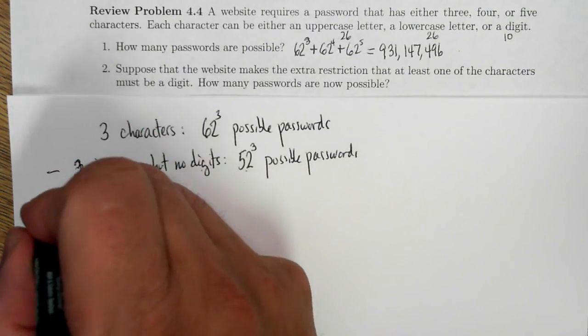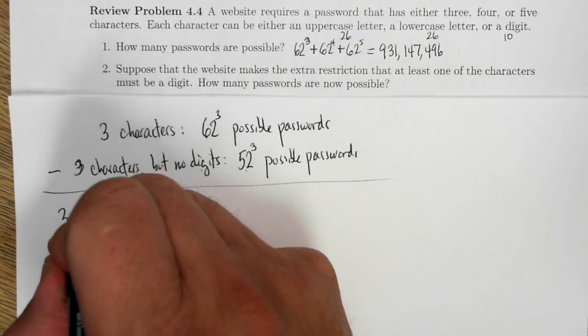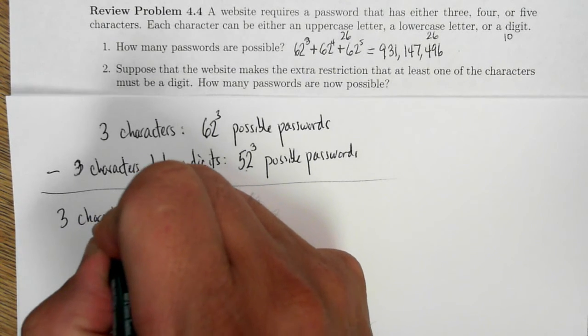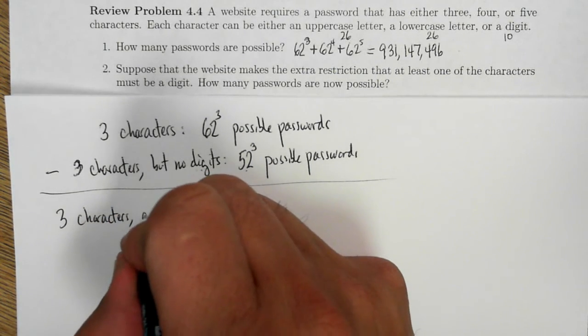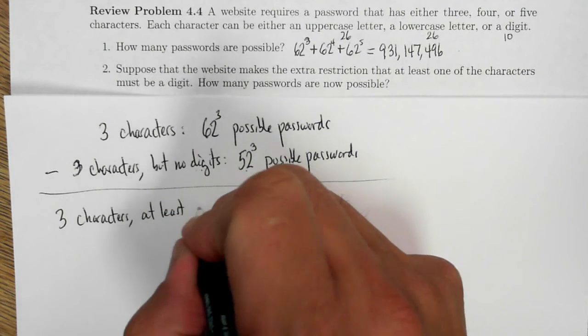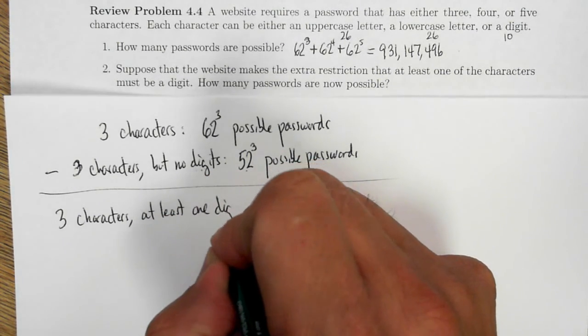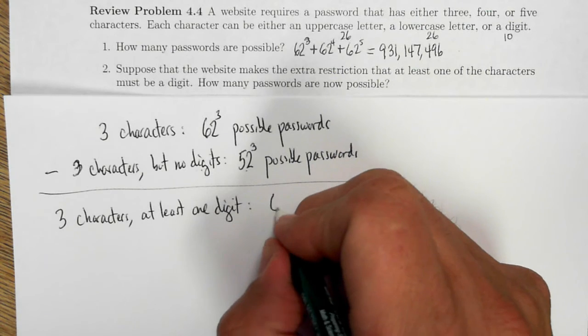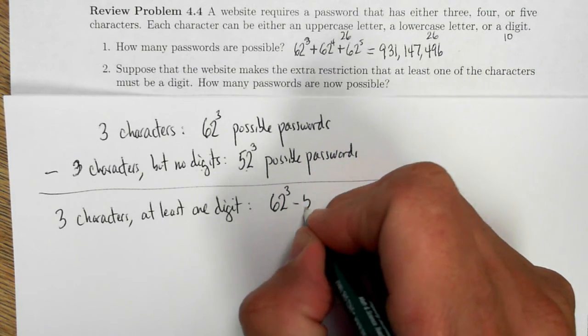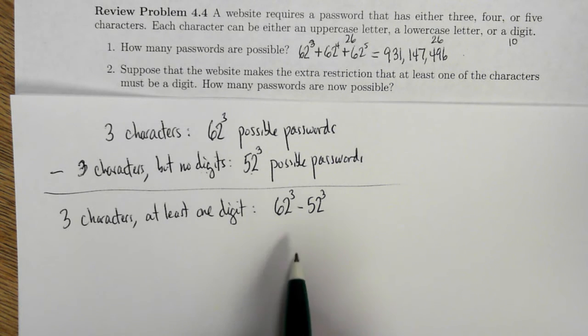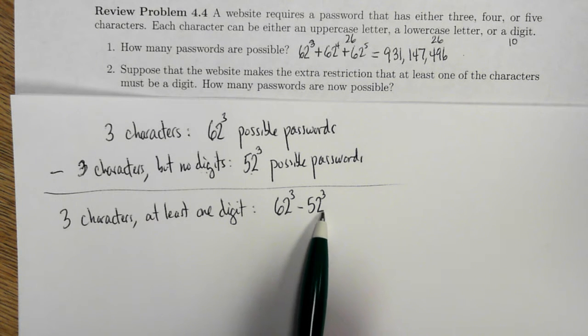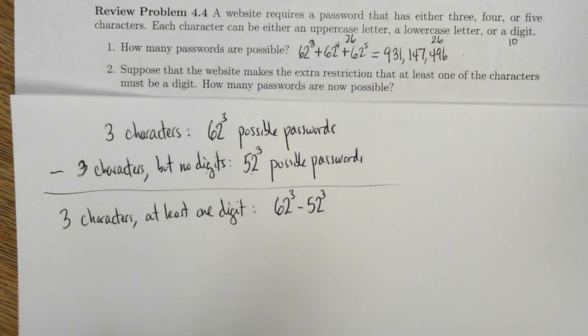And so therefore, if I subtract, the complement of having no digits would be at least 1 digit. And so the answer there would be 62 to the third minus 52 to the third. And so that would be the number of passwords that have at least 1 digit.